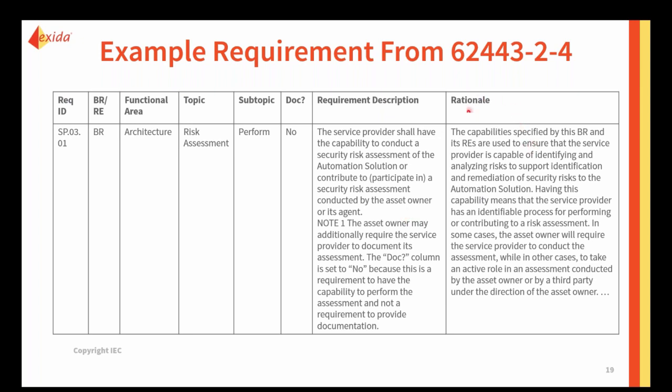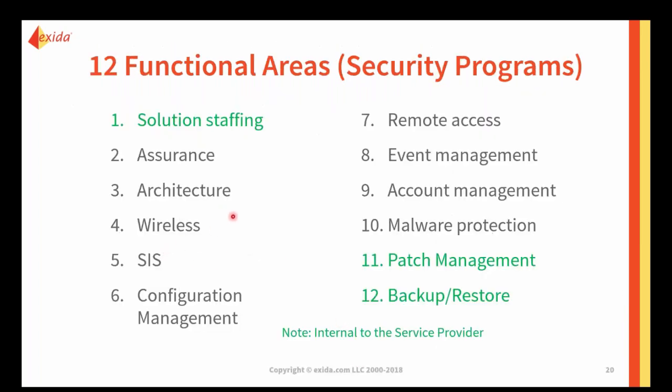And the rationale goes on, and I actually chopped it off here, but it provides an even more in-depth description of that requirement and provides additional information that can help when it comes to understanding the intent behind the requirement and how you can meet the intent of the standard. What we looked at was one example requirement for the architecture functional area.